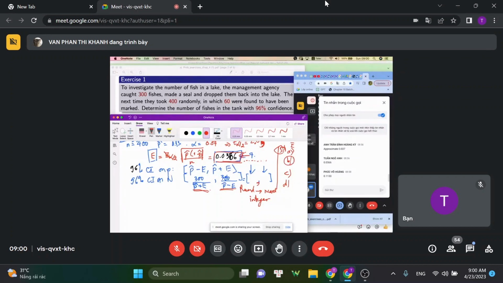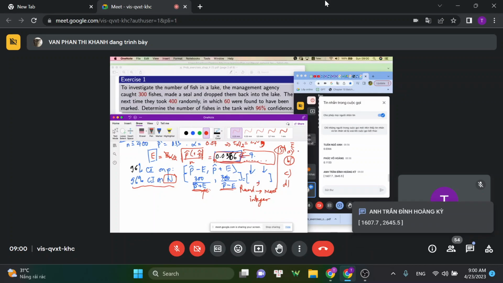But in question B, if I want you to find a confidence interval on n, I use this formula, and here don't round E, so you have to use the long format, instead of 0.0366. Understand what I mean? It means that we just round in the final step. We don't round between steps.